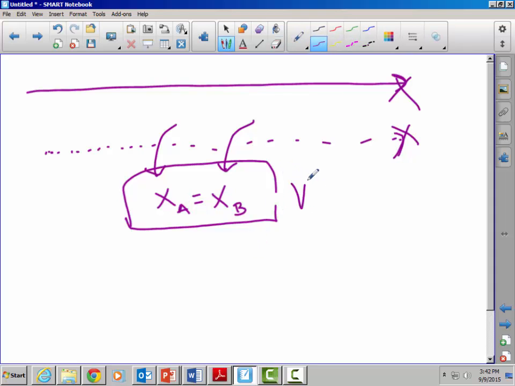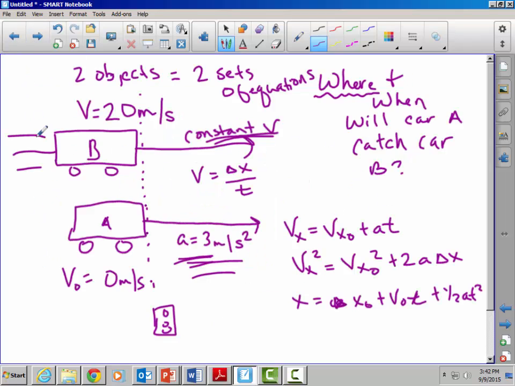So the velocity of car B, since it's constant, is just equal to its distance over its time. So the distance car B travels is going to be its velocity times its time. Alright, so let's look at car A, back on the previous slide.